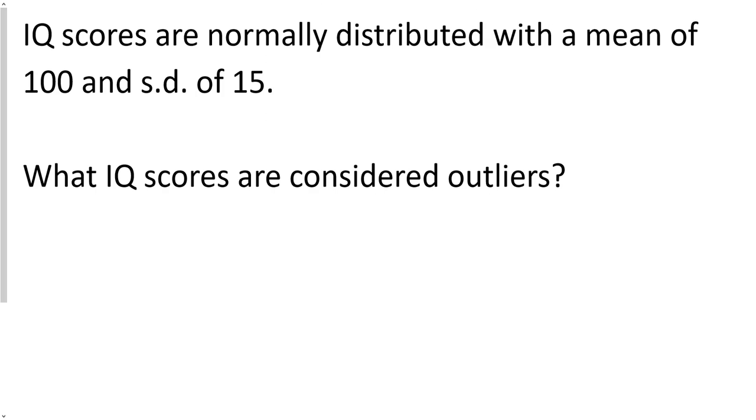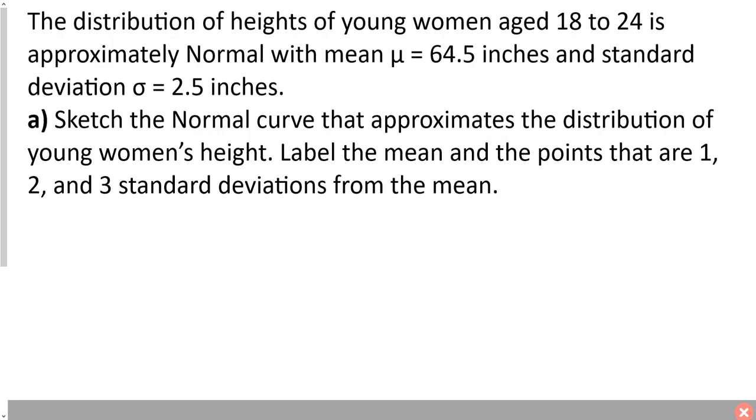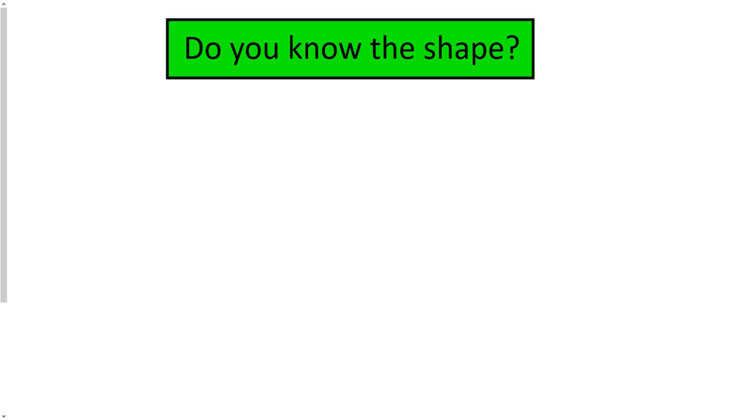So we could look at this. You could sketch a curve. We're going to jump around here. I want to highlight what we just talked about. When we are looking for how many standard deviations away things are, if there are any outliers, looking at the shape kind of determines what we do.